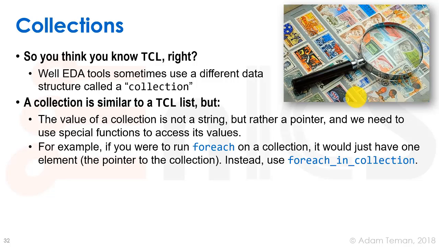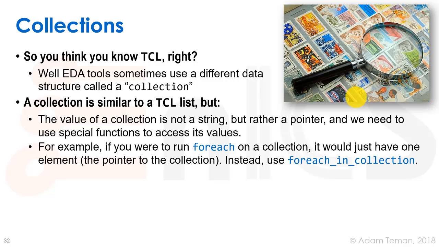They wanted to say, listen, if you have a pin or a net or a cell, these things have additional parameters to them, so let's define something else. Therefore, if everything in Tcl is just a string, a collection is a pointer to an array or a struct or something like that that has different information about the string.